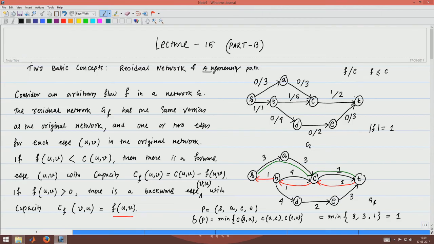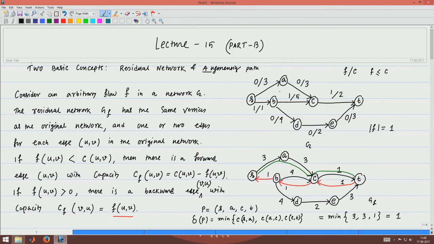Now, you do not go for the residual network concept. Now, is there any other path along which you can send flow?